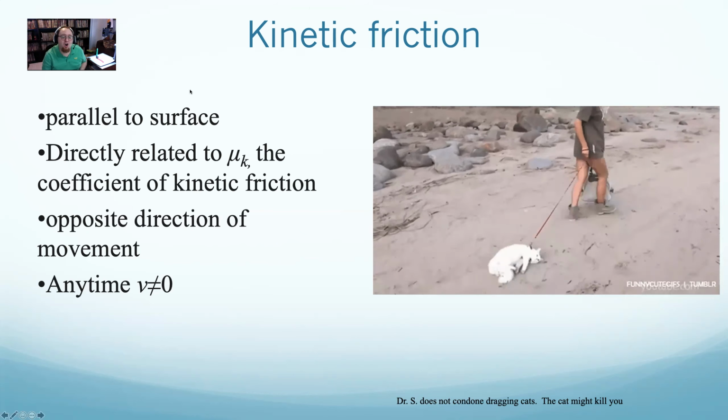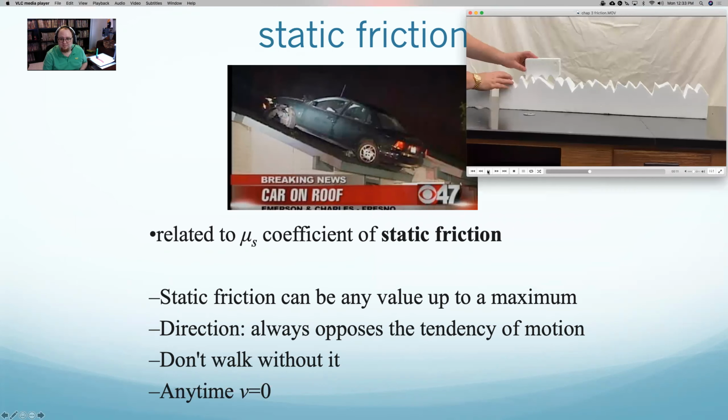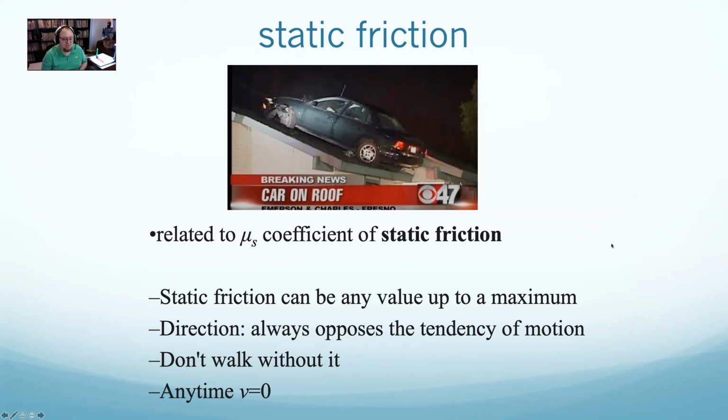If the objects aren't moving, that is static friction. Static friction is when the two objects aren't moving relative to each other, and it's related to the coefficient of static friction. Static friction is kind of interesting. Kinetic friction has a set value: it depends on a constant, mu of k, and, not directly, but on the thing's mass.